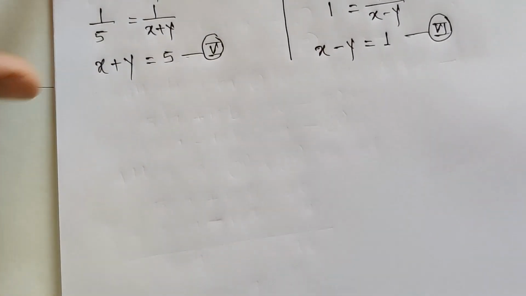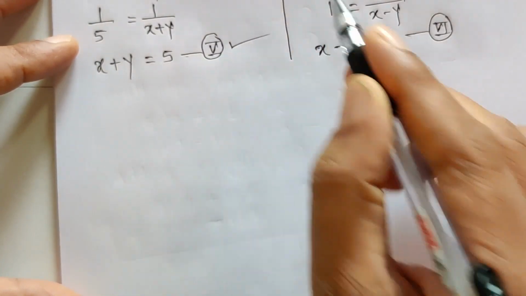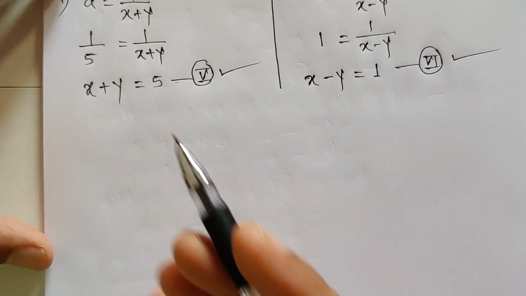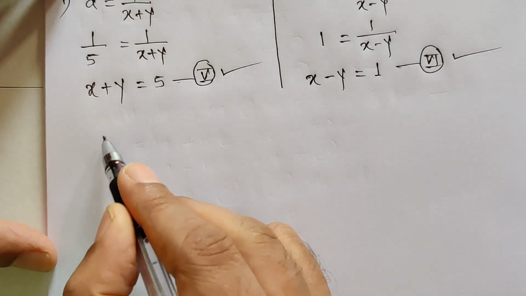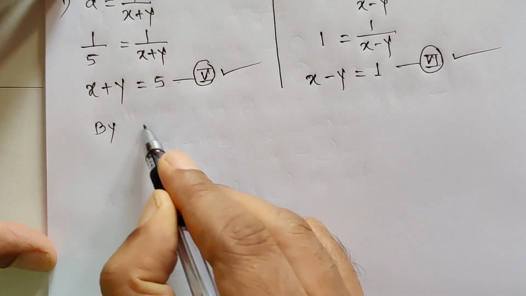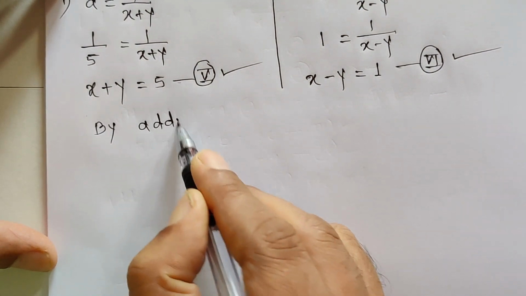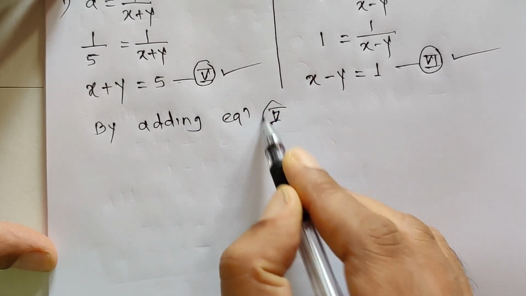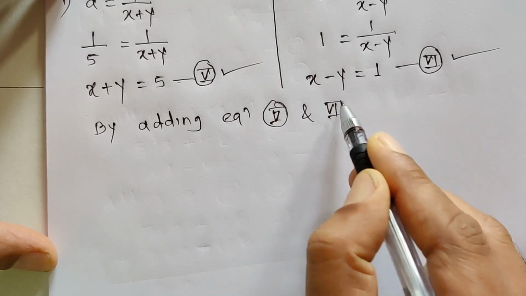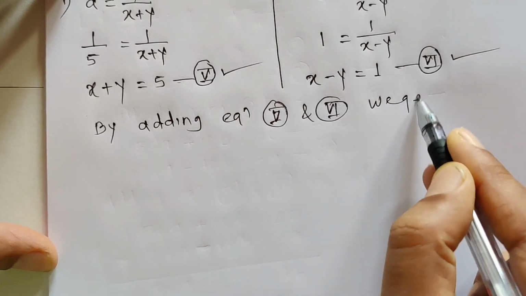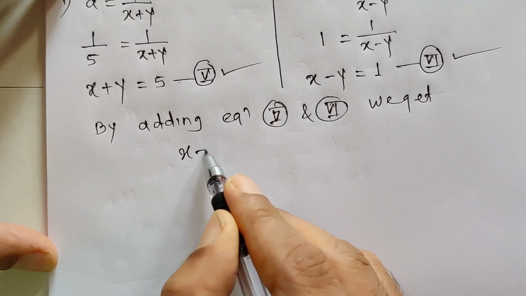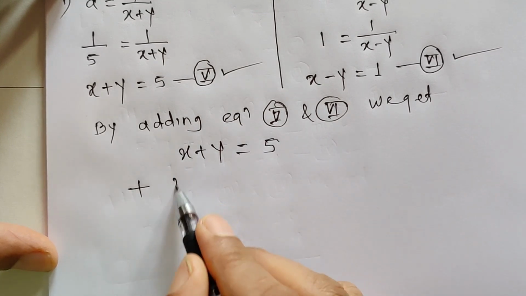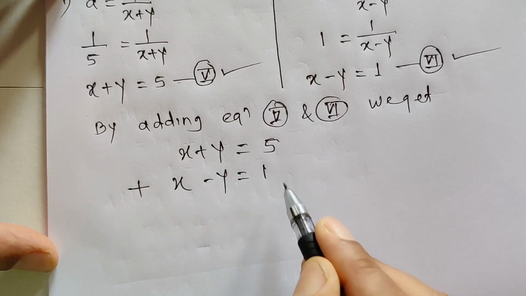Now solve these two equations, equation number 5 and equation number 6, to get the value of x and y. These are very simple equations. By adding equation 5 and 6, we get x plus y is equal to 5, this is equation number 5, plus x minus y is equal to 1.